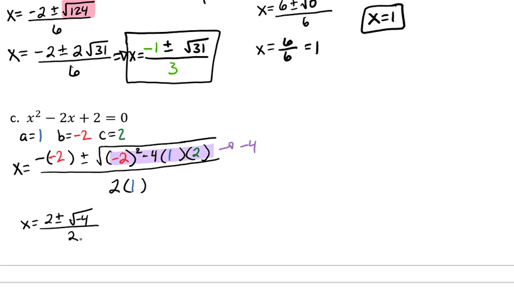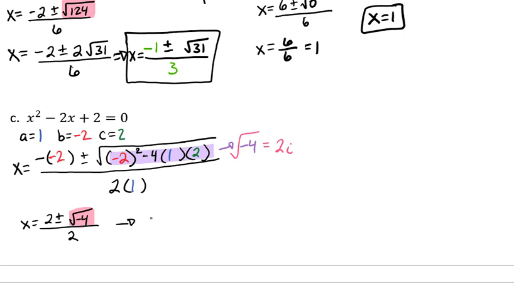over 2. And we know that the square root of -4 is going to be 2i. So the square root of negative 4 equals 2i. So we can plug that in.